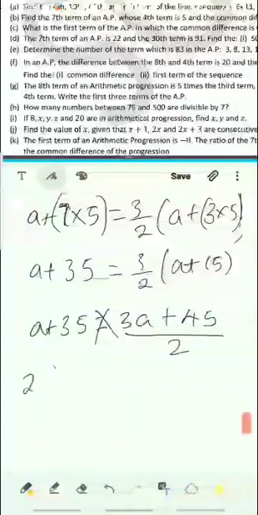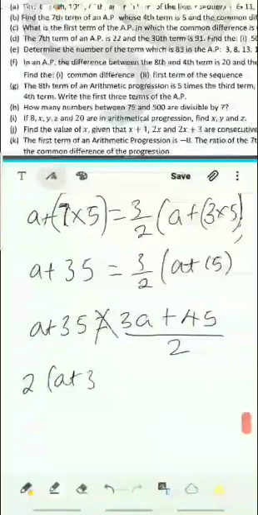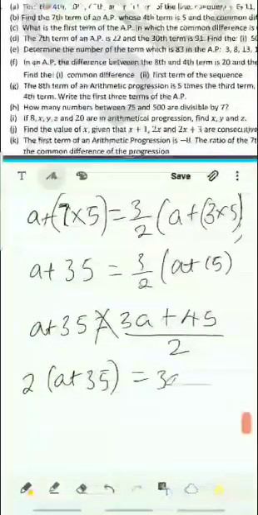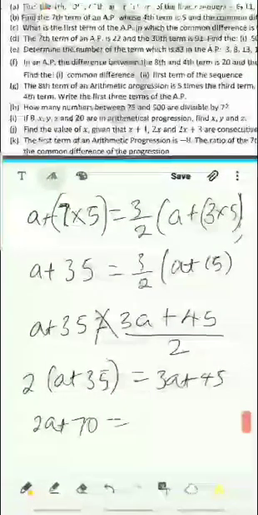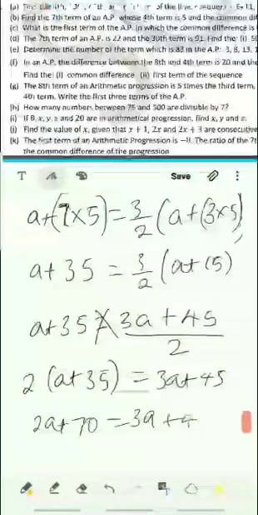Cross multiply. You have 2 open brackets A plus 35 equals 3A plus 45. Therefore we have 2A plus 70 equals 3A plus 45.